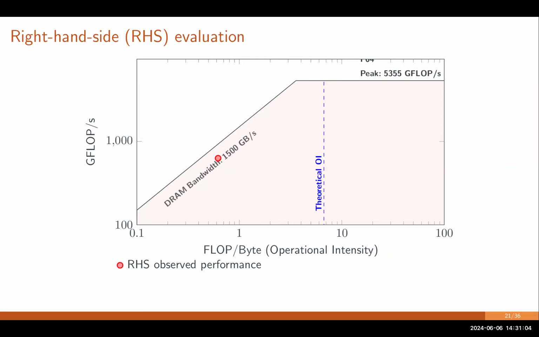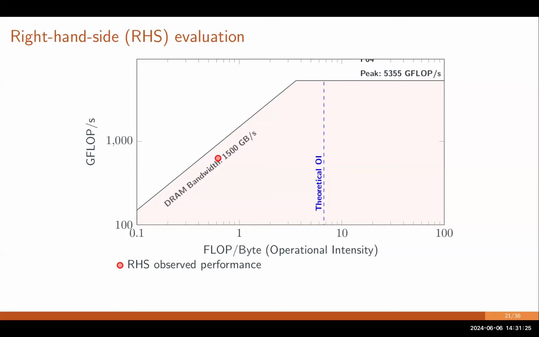So basically, the operational intensity is on the x-axis and the y-axis is the performance that you can get. These solid lines show the peak performance that you can get in this architecture.